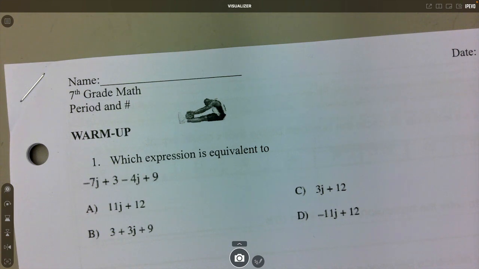Chromebook, extra math for 7 minutes. You need a Chromebook regardless if you finish your test or not.